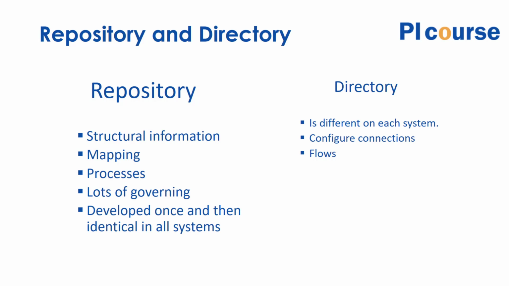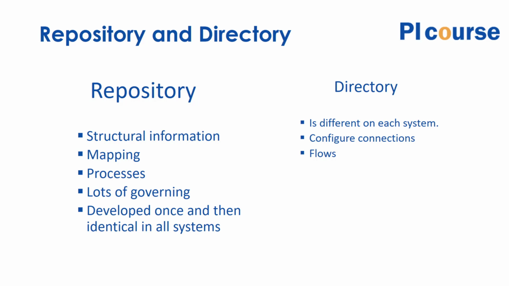You need to configure them in the different systems, and then you're configuring the flows between them. And often the flows should obviously be the same. But sometimes you may want to have different configuration going on in each system.